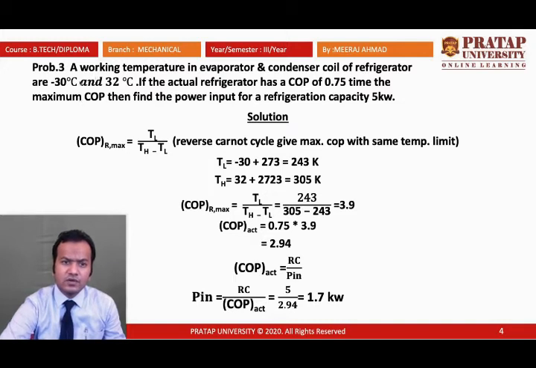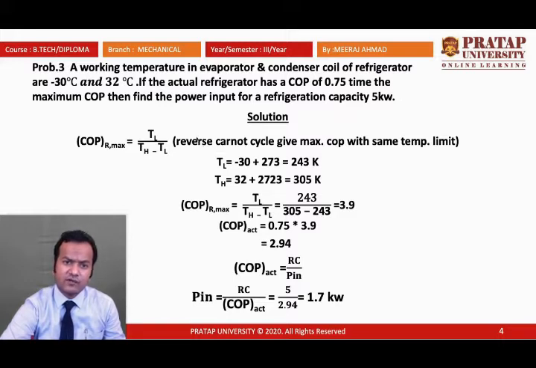The reverse Carnot cycle gives the maximum COP. When we use the COP formula in terms of temperature, we get the maximum COP.